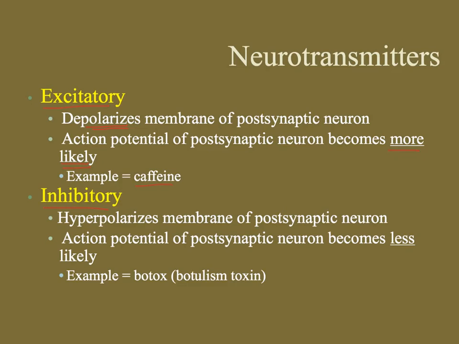An inhibitory neurotransmitter, or another inhibitory substance that serves the purpose of a neurotransmitter, does the opposite. It hyperpolarizes. It makes the membranes appear more refractory, and so it makes the chances of an action potential being generated much less likely. The Botox treatments that people get because they don't like the wrinkles in their forehead are an example of an inhibitory neurotransmitter.